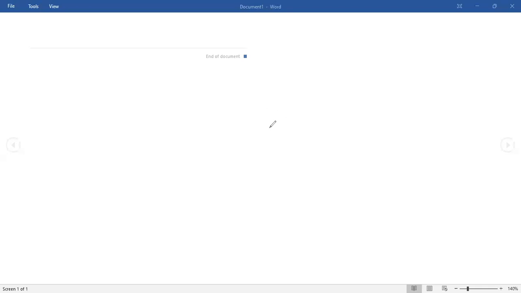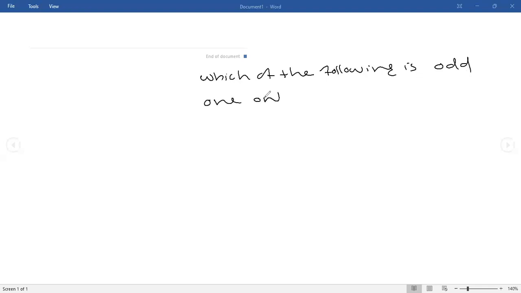Here is the last question for today's class. I want Sudhiti to tell the answer. Which of the following is odd one out? First one, isosceles triangle.